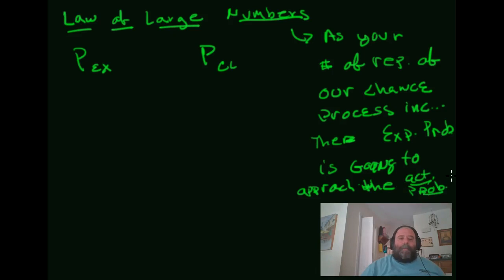The actual probability is the probability you would get if you did an infinite number of trials, which is what we hope the classical probability is.